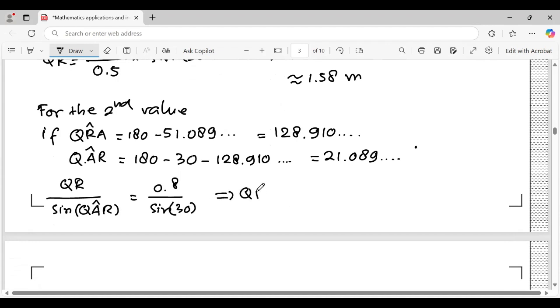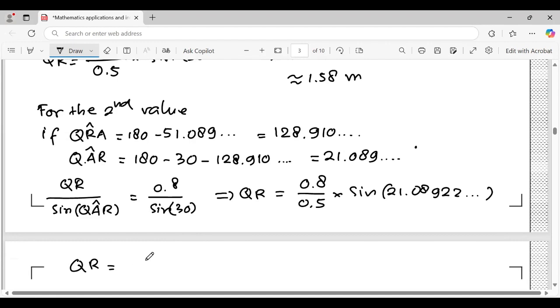So QR equals 0.8 over 0.5 times sine 21.08922. The result is 0.575714, rounded off to 0.576 meters.